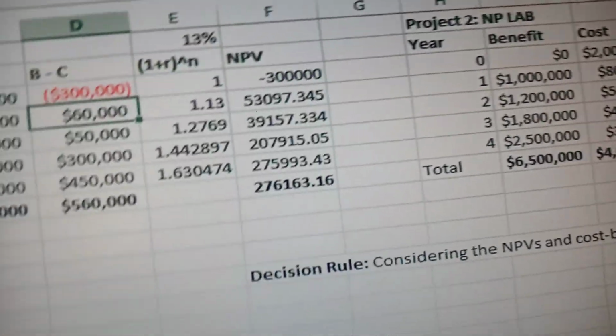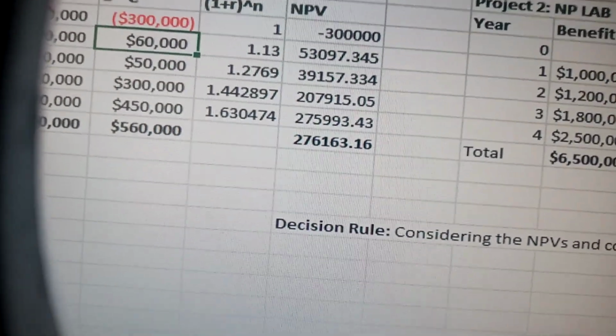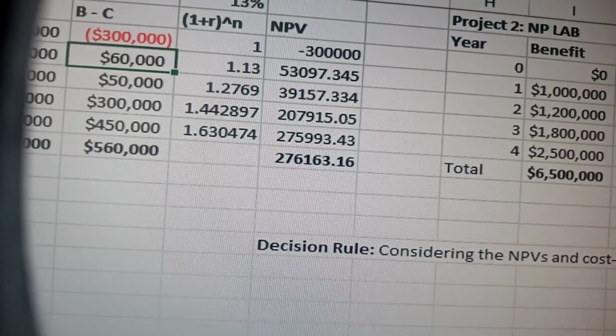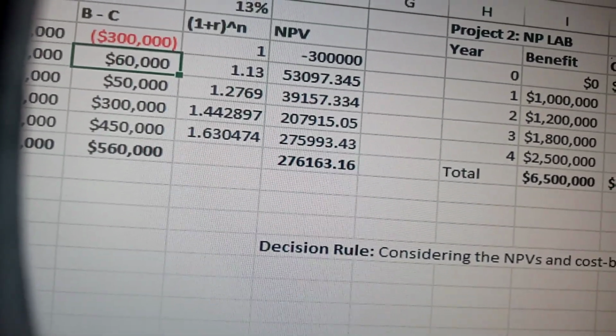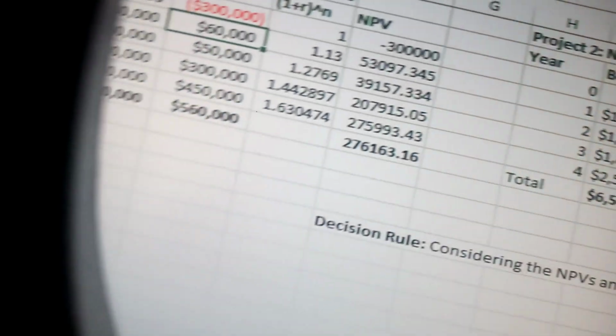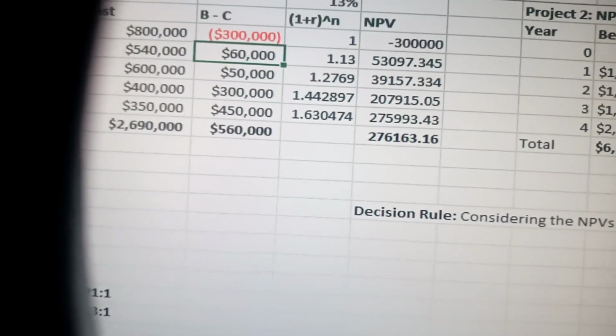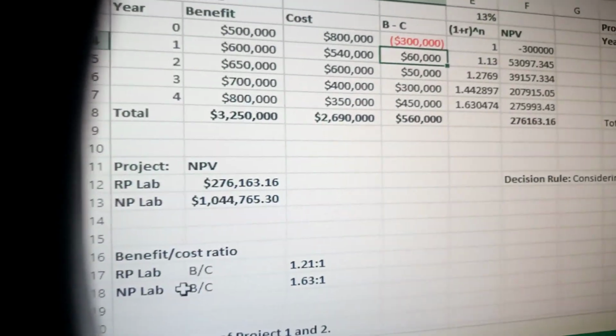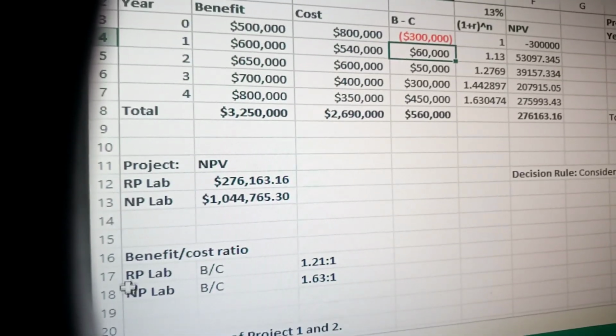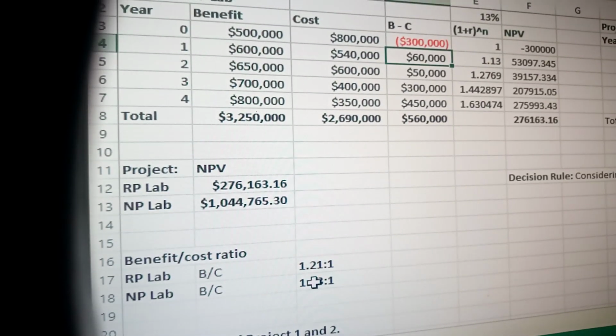Another method we can use is the benefit cost ratio. Here, this is the benefit cost ratio. When we analyze project 1, we have 1.21 to 1, and project 2, we have 1.63 to 1.